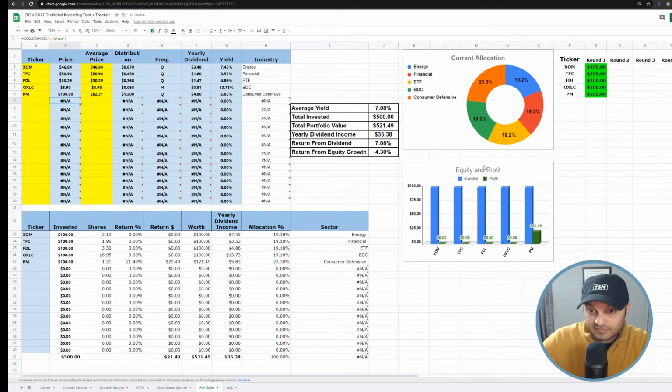Bam, your profit from the stock price will show up here. And so let's say you have $21.49 growth. That divided by your initial investment or total investment, which is $500, that will show up here. So very easy way to visualize what your portfolio looks like, how diversified your portfolio is. So very, very cool tool to get started.